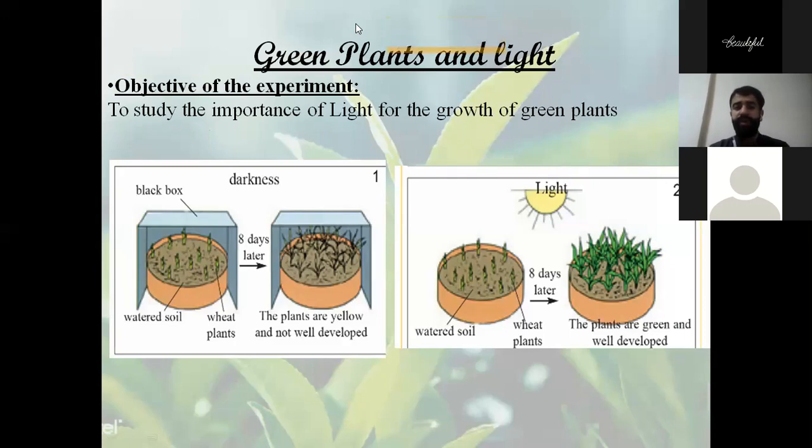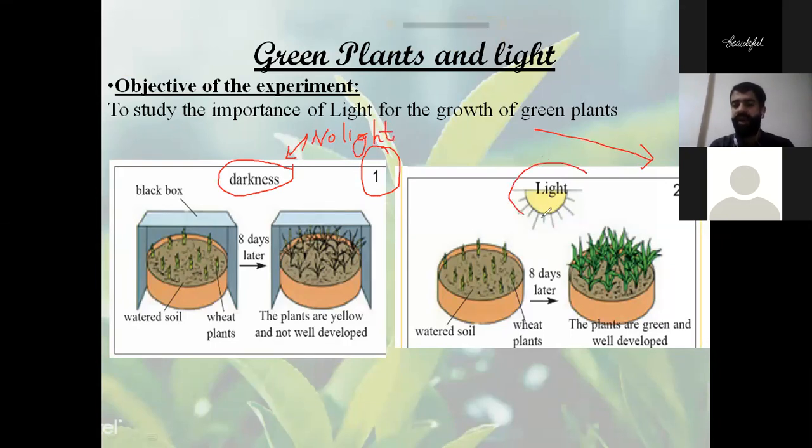So here, in this experiment, we have two plants. We have plant 1 and here plant 2. The two plants are placed under different conditions. Let's see these conditions. First, in plant 1, we have darkness. Darkness means we have no light, while in the other plant, we have normal light.